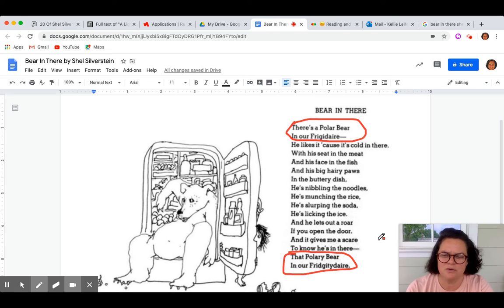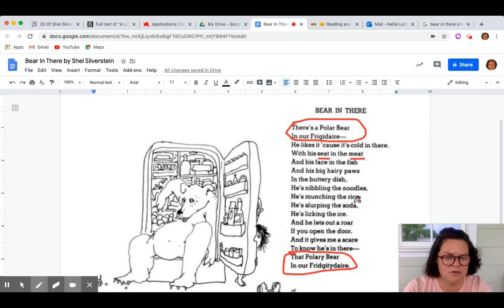And then also, I've noticed that there were quite a few words that rhymed. They weren't traditionally at the end of the line this time, they were in the same line. Seat and meat. Let's see.